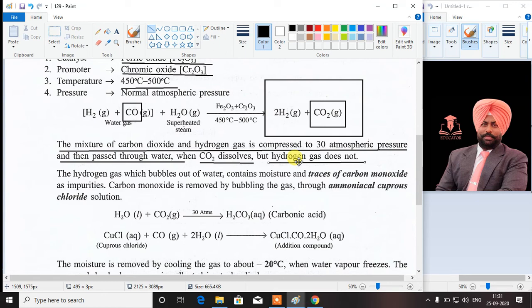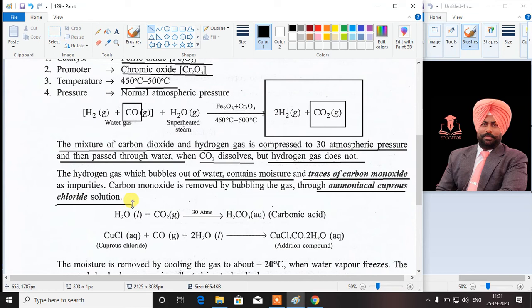It still contains some traces of carbon monoxide gas and water as moisture. Now, to remove these traces of carbon monoxide, we can pass the mixture of hydrogen gas with carbon monoxide and moisture through ammoniacal cuprous chloride solution.